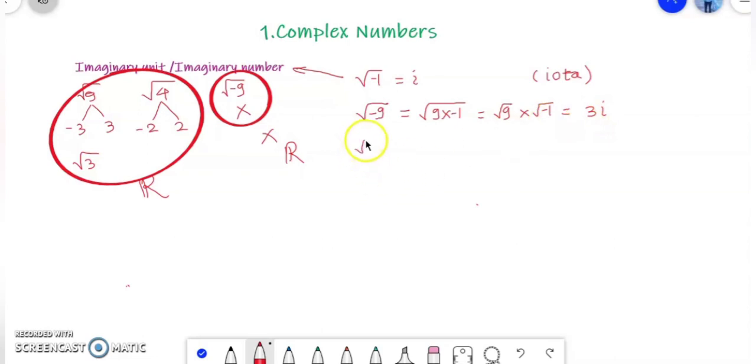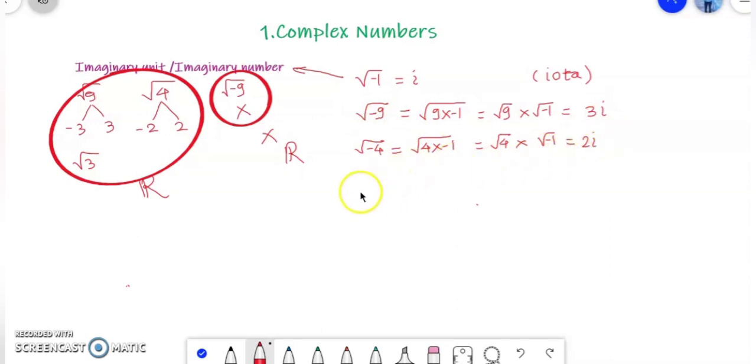Similarly, root of minus 4: write that as root of 4 into root of minus 1, which is 2i. You may write plus or minus. If you start with plus or minus root minus 9, then you may write plus or minus 3i. Or simply, if it is just root of minus 9, write 3i.